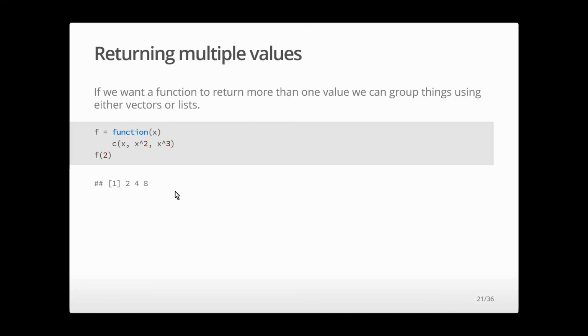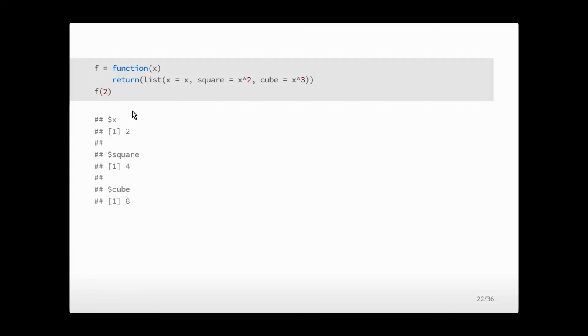You can have it return a list. I think a lot of the commands in R return the result of functions as lists. Like if you run linear model, lm, on something, the result is a list, but then they put it into class lm or something like that. Basically that's just a list with some attributes attached to it.